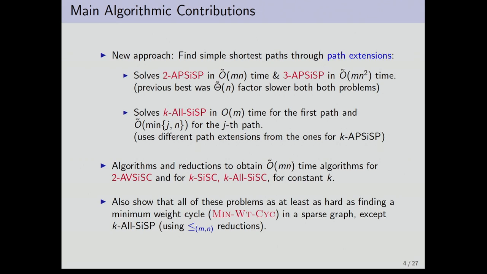And it's a very well-known problem, and people have certainly been trying to get better than O of mn for it. So we showed reductions from minimum weight cycle for all our problems, except, of course, for k all SISP, for which we actually have a very efficient algorithm. And the reductions we use, we call them MN reductions because they preserve the number of vertices and the number of edges in the graph.